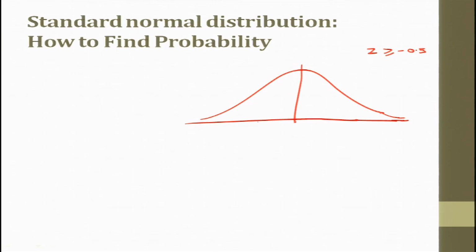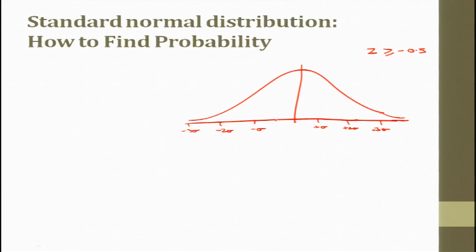So, if this is minus 2 sigma, minus sigma, this is plus sigma, plus 2 sigma, plus 3 times standard deviations. It is asking the probability for the value of z greater than minus 0.5.